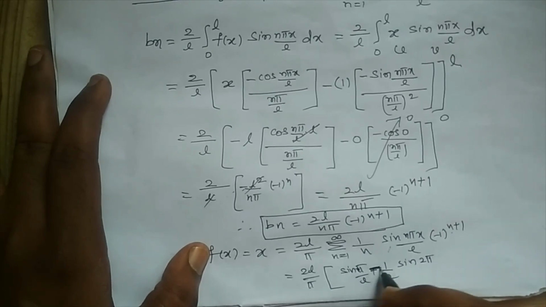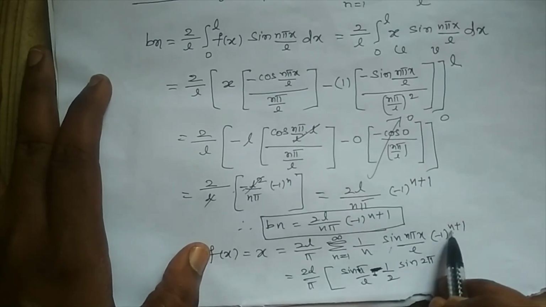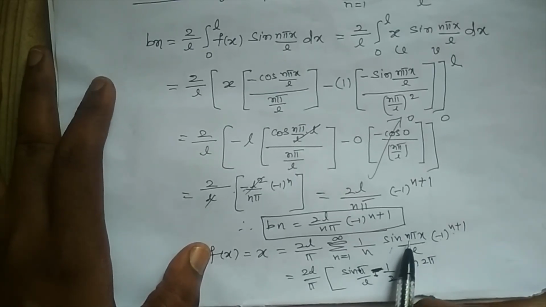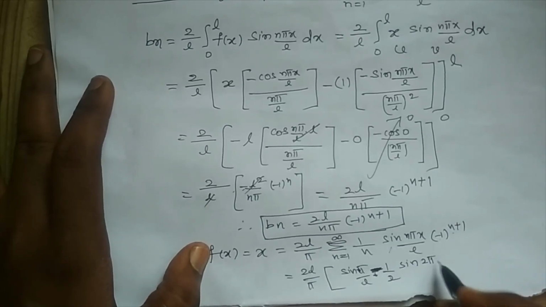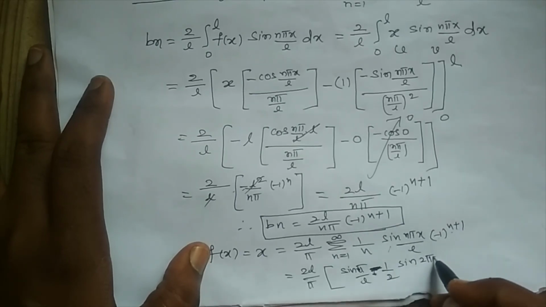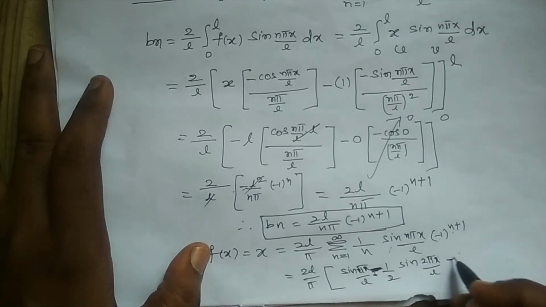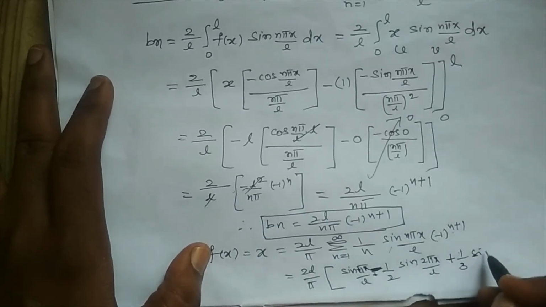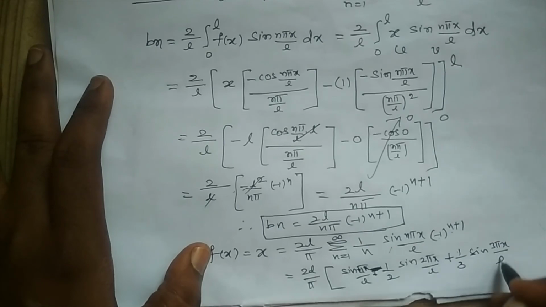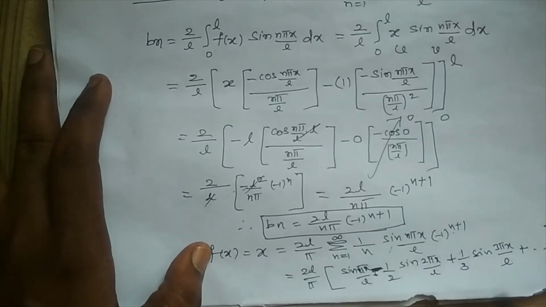It will come minus 1 whole to the power of 2 plus 1. Plus 1 by 3 sin 3 pi x by L, plus so on. This is the final answer.